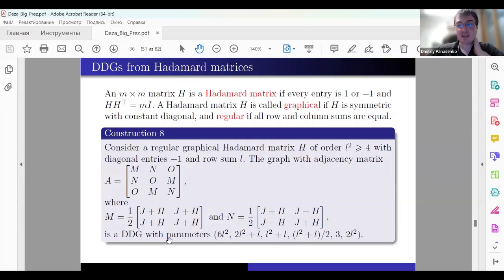It turns out it is a divisible design graph with the parameters you can see here.